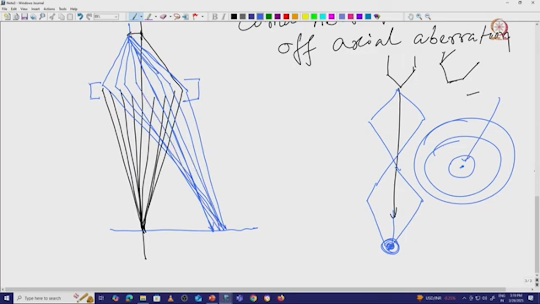So now you can see there is a crossover point where some rays are coming, and there will be a brightest spot here, and then this spot will start spreading.